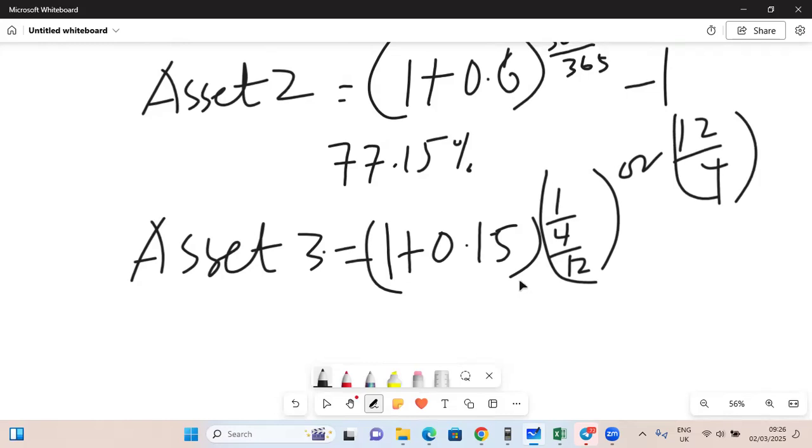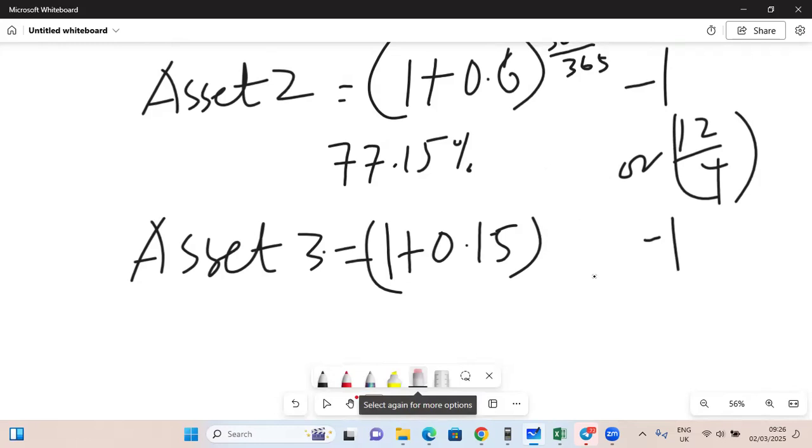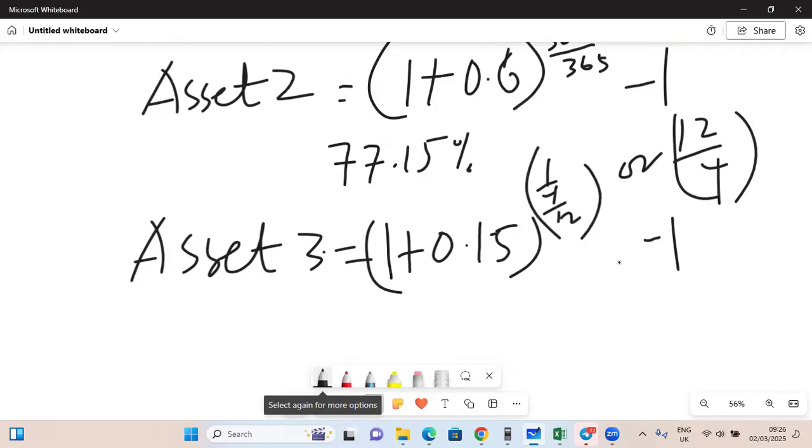Instead of doing 1 over 4 over 12, you can also do 12 over 4, and then you get the same answer, minus 1. So remember, it is raised to the power, so minus 1.